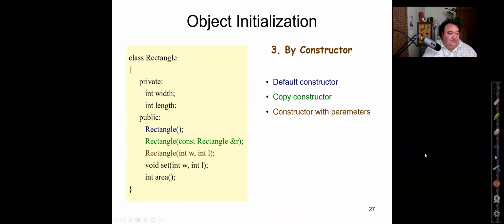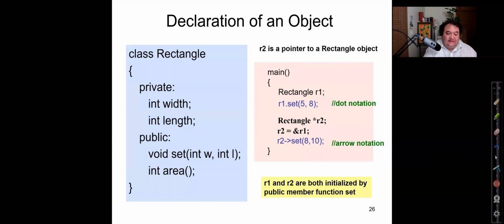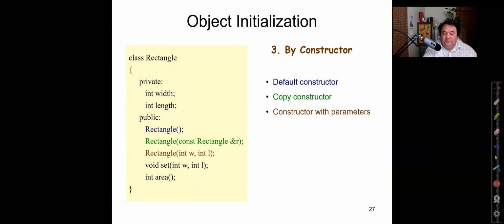So the initialization of the class is very important. So far, we have been working with this set function, but between the creation of the object and its set function, there was a non-initialized state that is not to be recommended.